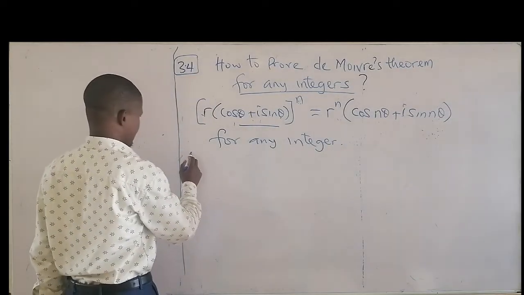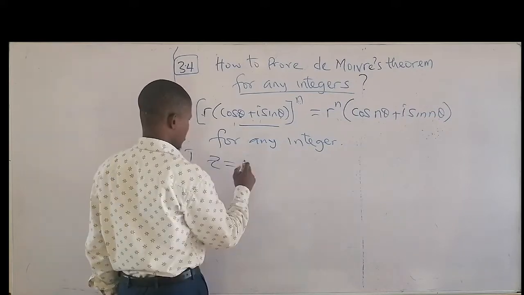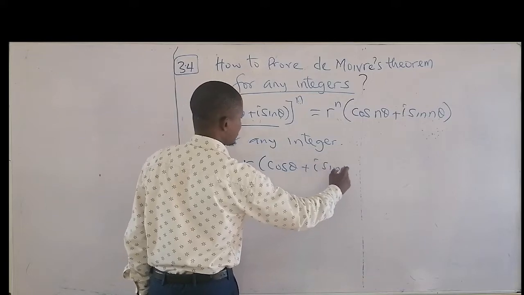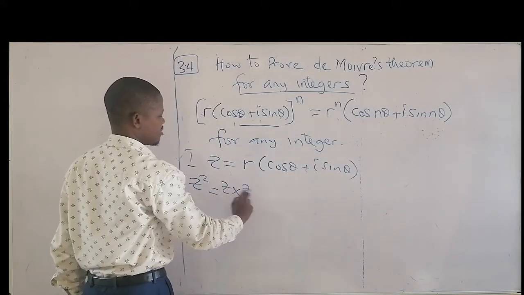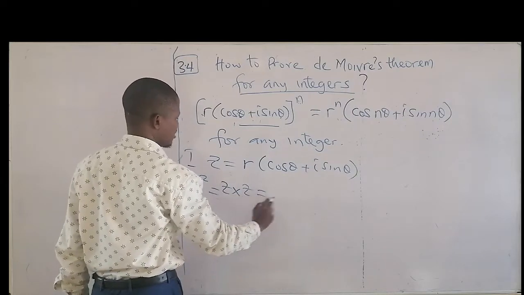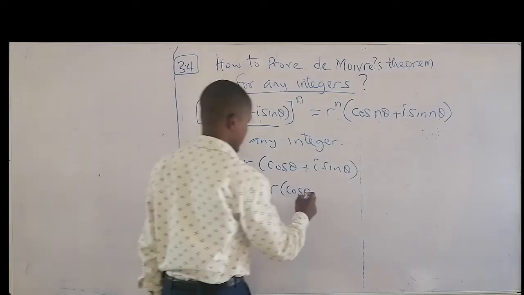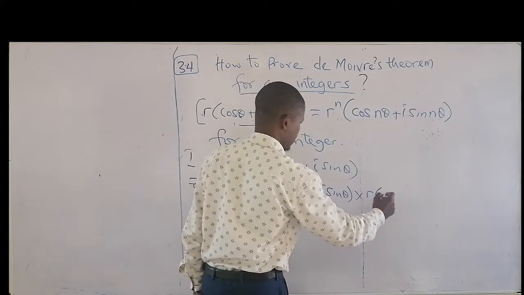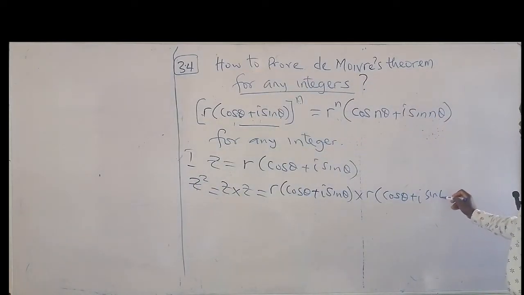We're going to start: if z is equal to r(cos theta plus i sin theta), z squared will be equal to z times z. That's equal to r(cos theta plus i sin theta) times r(cos theta plus i sin theta).